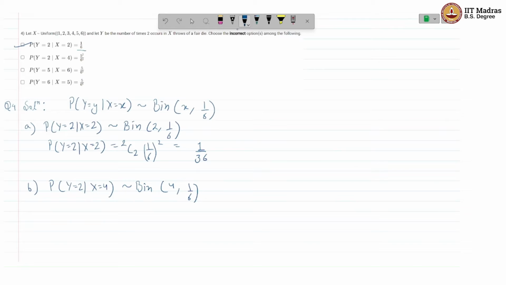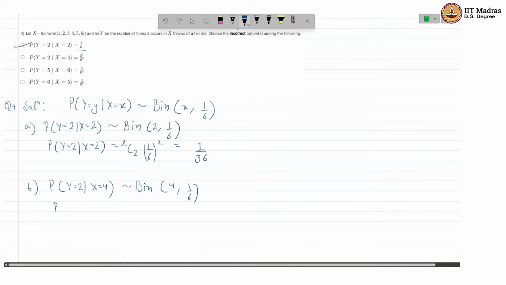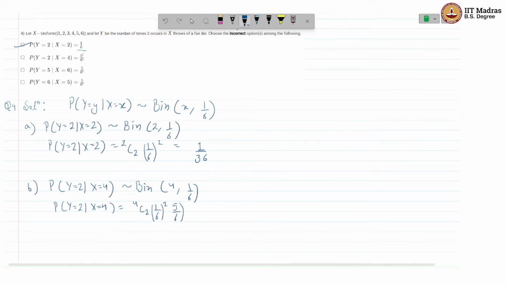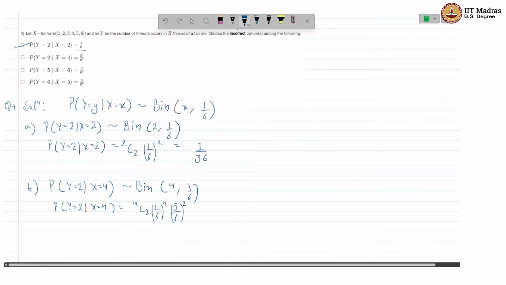And now calculating the value. So probability y is equal to 2 given x is equal to 4 will be equal to 4C2 (1/6)^2 (5/6)^2.